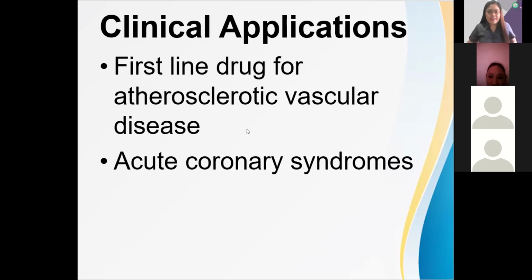Okay, sige. Okay, let's continue. We'll be talking about rhabdomyolysis later.